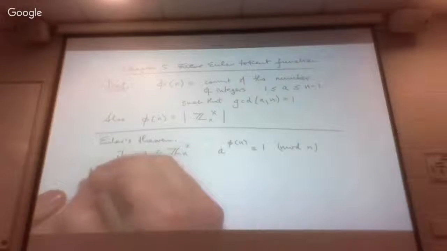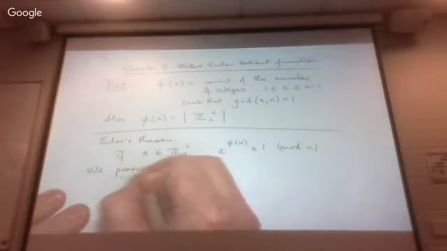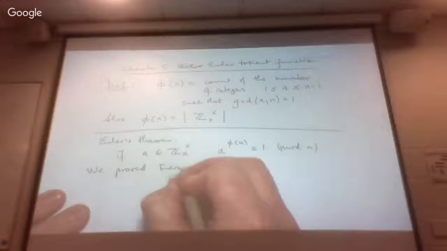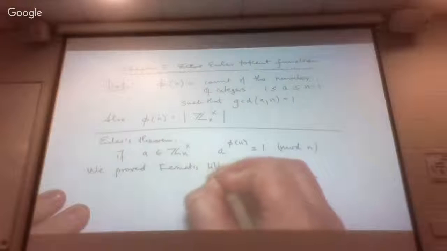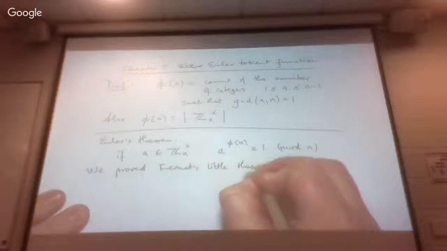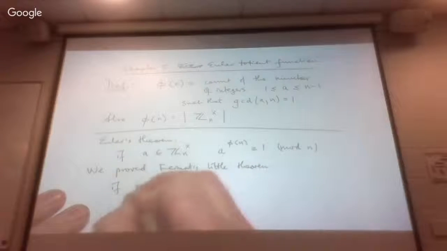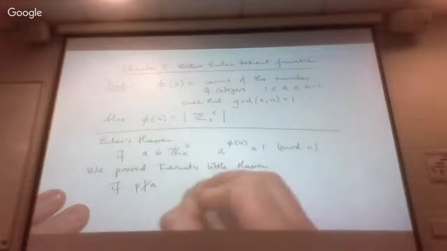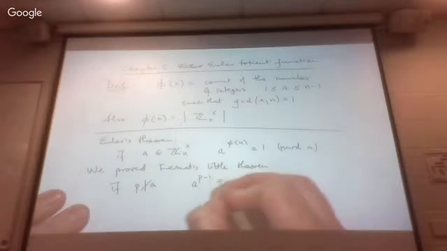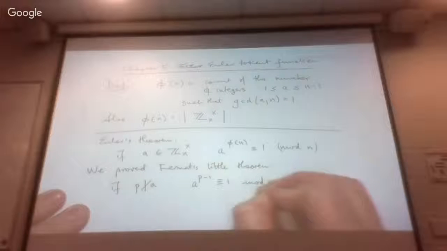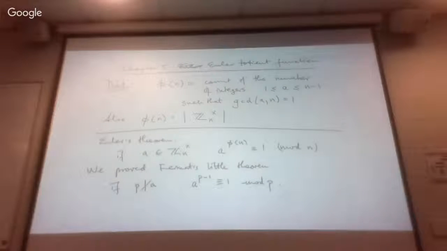We proved directly last time Fermat's little theorem, which was the special case of this in the case of a prime number. And that said A to the p minus 1 is congruent to 1 modulo p. We proved that directly, just using our concepts of divisibility and primeness that we've built up to now.